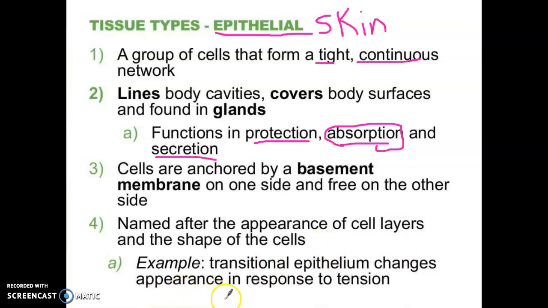One example would be transitional epithelium changes appearance in response to tension. Okay, so basically this is saying those transitional epithelial cells, where there's tension, they actually can change in appearance when that occurs.